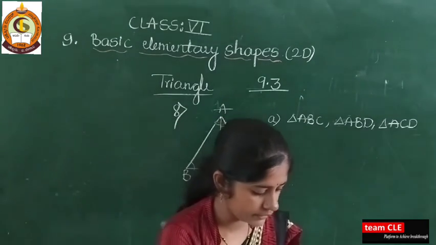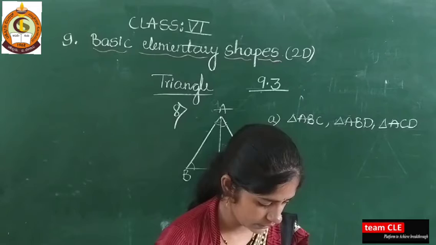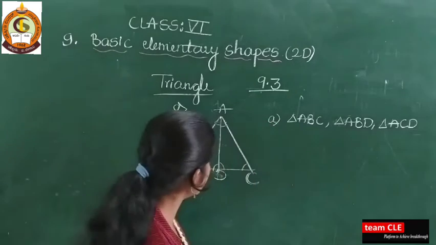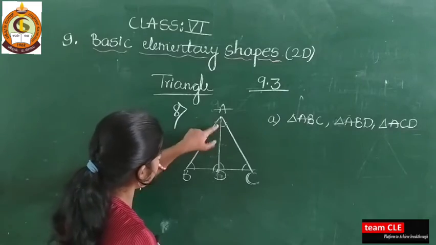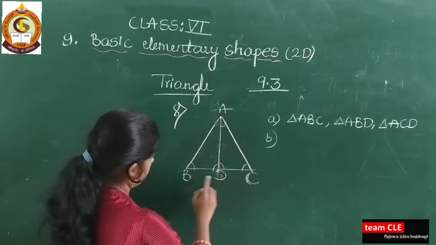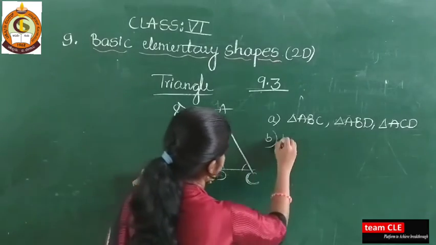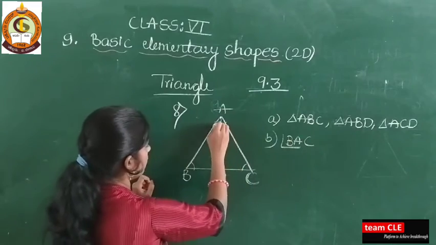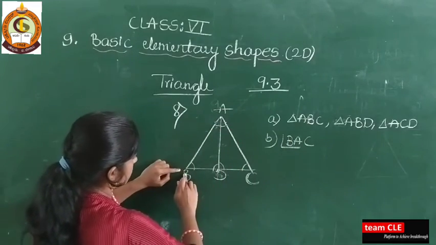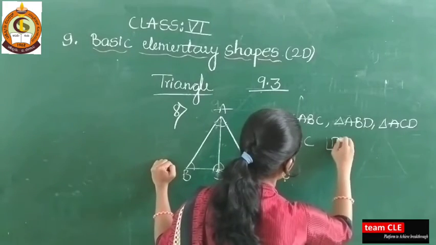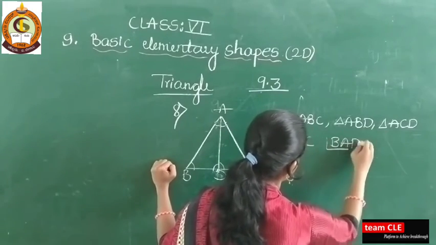Then let us write which are those. See here, I will write angle BAC. So one angle is over. Next one is angle BAD.